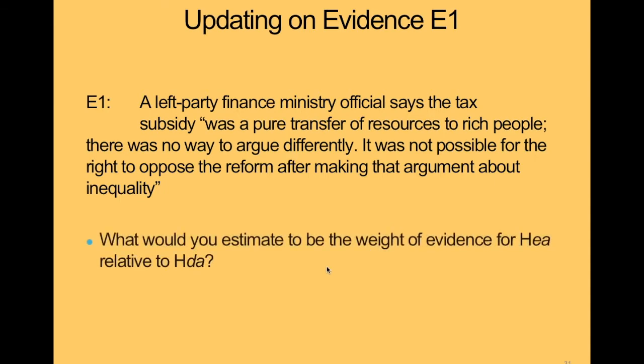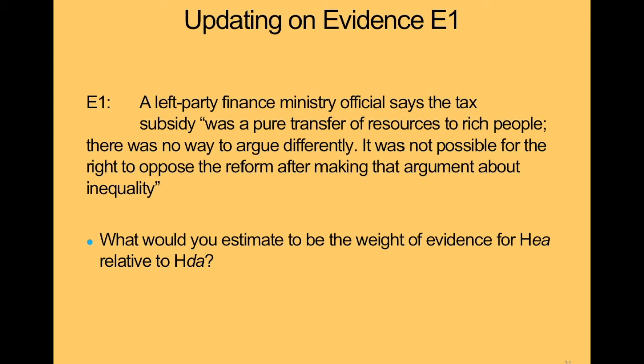Okay? Now, you might ask yourself, does that evidence favor the equity appeal explanation or the declining assets explanation? And here you would think through the logic of those explanations. It's sort of consistent with the equity appeal, right? But we might also be a little suspicious of this evidence because it's given by the liberal party, and of course that's going to be their view, or what they want you to believe, right?